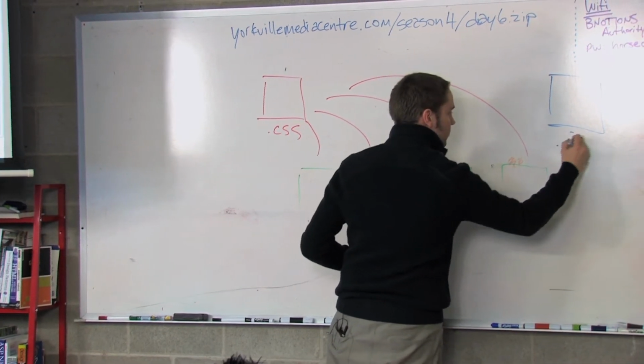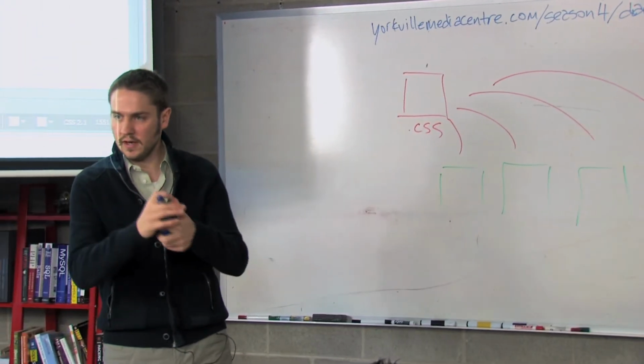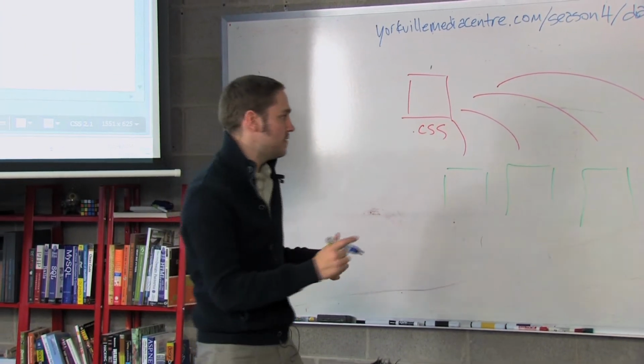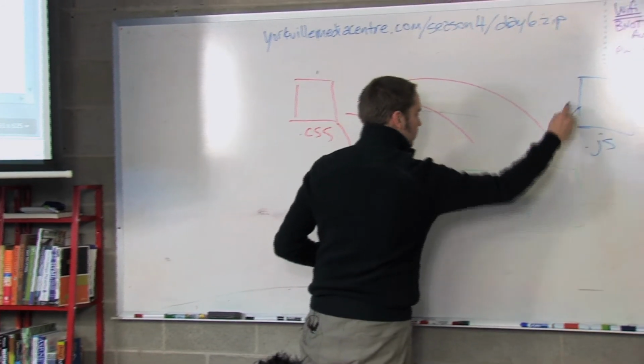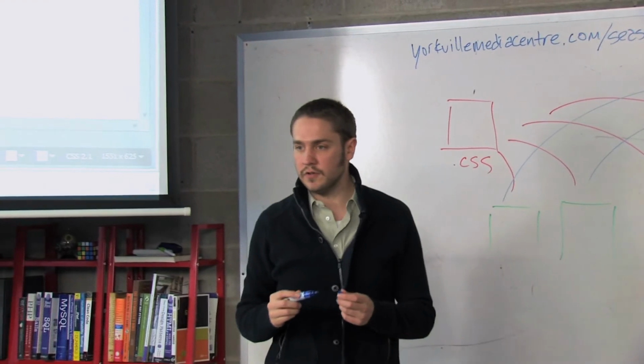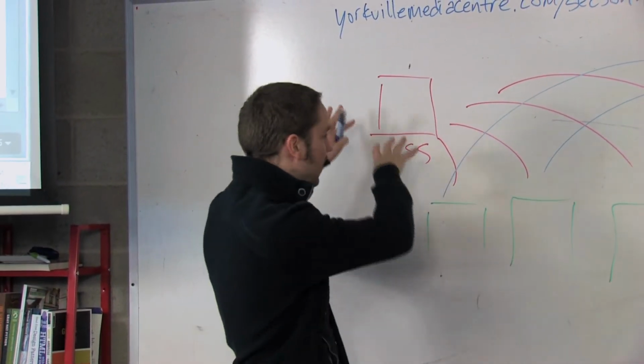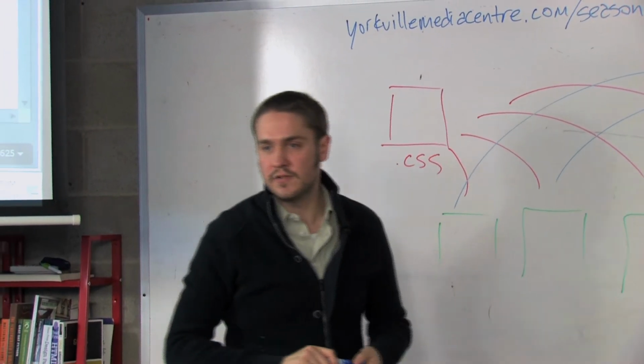Just so everybody knows, a JavaScript file will have a .js extension. So we've had .html, .css, and JavaScript will be .js. The JavaScript file will be governing the action and behavior of those files. So we're going to have our core HTML files, and by the end of this we'll have our two external CSS and JavaScript files. Again, I'm using Expression Web here.